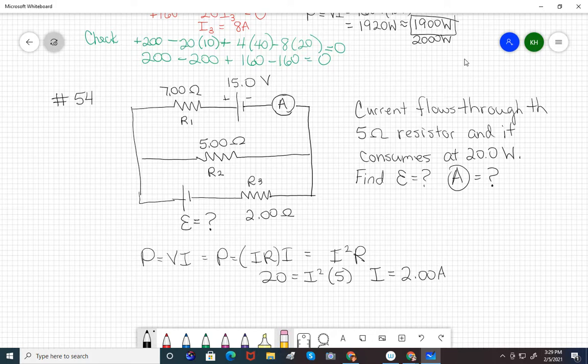Now that's not the answer to the ammeter. That's the current going through here. Now, we really don't know for sure which way the current flows unless they tell us in the picture, which they do. They tell us that the current is going this way, so they're trying to help us out.